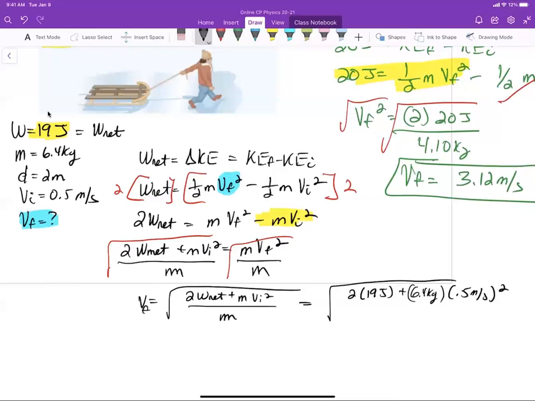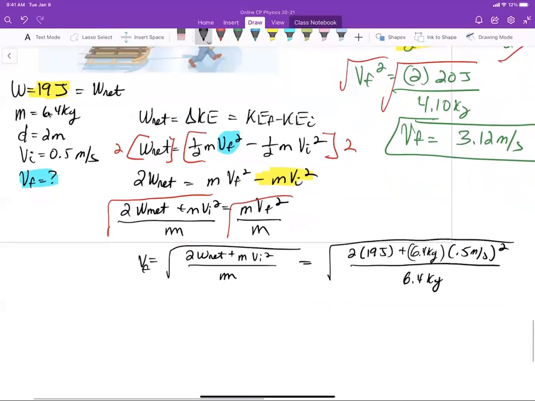I'm going to square that. Don't forget the square, or it'll be wrong. Divided by the mass again, which was 6.4 kilograms. And if you plug that into your calculator, and if I did that correctly, I get 2.54 meters per second.